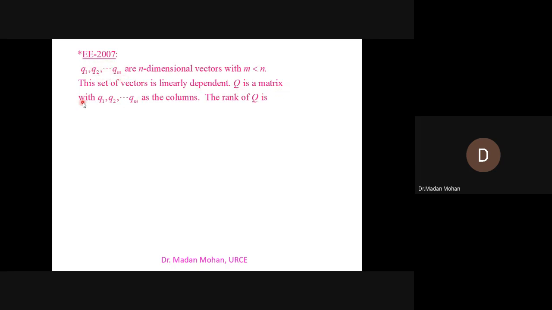Q is a matrix with Q1, Q2, Qm as the columns. These are the column vectors, please. Q is a matrix. What is the rank of this Q? You are asked. Q contains these columns. Here Q1 is a column, Q2 is a column, Qm is a column.